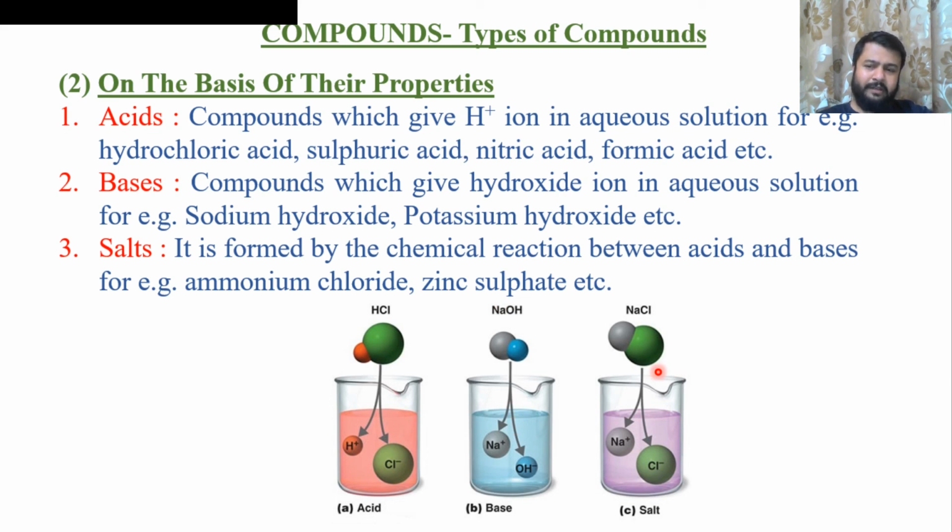Remember one thing, whenever acid and base react with each other, they form a compound known as salt, and along with it, they also produce some water. So this is again the type of compound on the basis of their properties: acids give H positive, bases give OH negative, and salts are formed by the reaction of acids and bases.